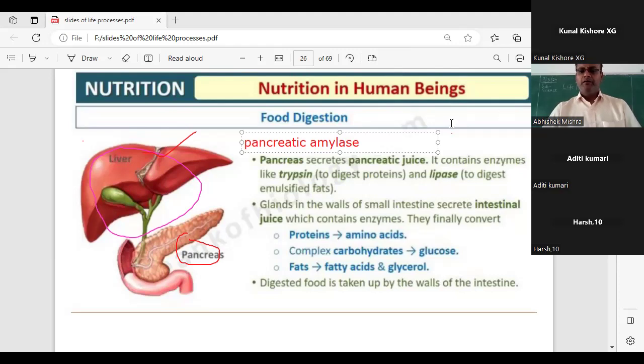Yes, Kunal. Sir, it breaks down the starch. So starch digestion begins in the mouth, and now the starch digestion will be completed in the small intestine with the help of the enzyme called pancreatic amylase. So one enzyme is pancreatic amylase.